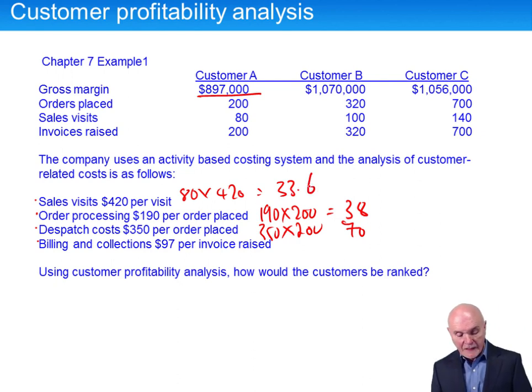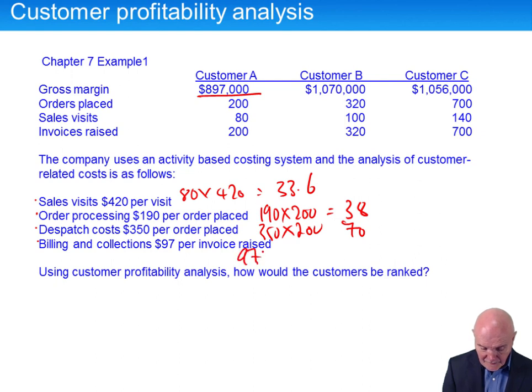And then we're going to have the number of invoices raised, billing and collections, 97 per invoice raised. And the number of invoices raised is 200. 97 times 200 is going to be 19.4.